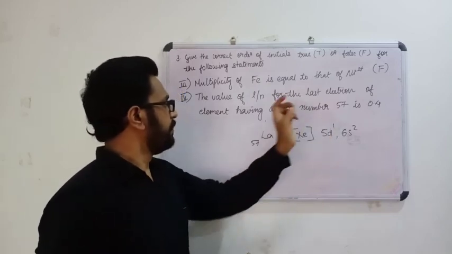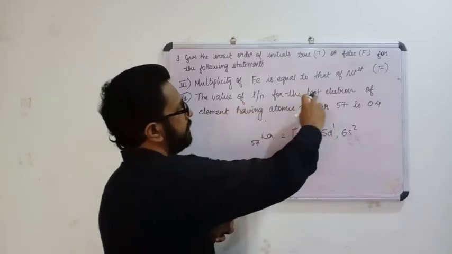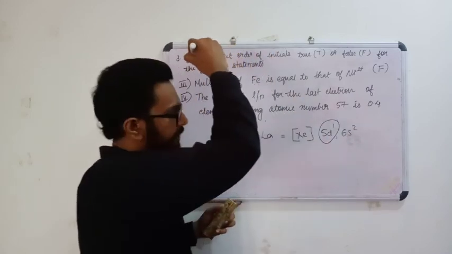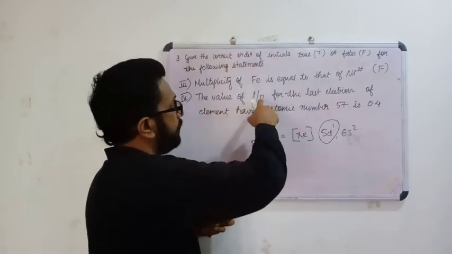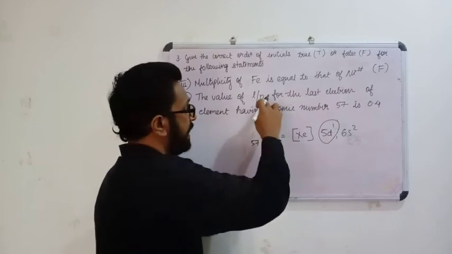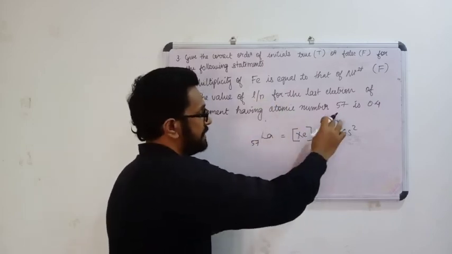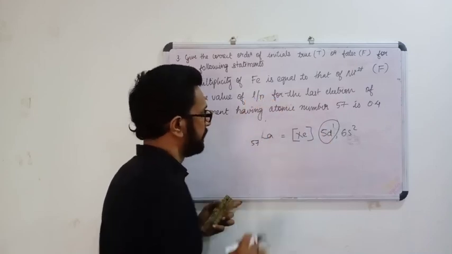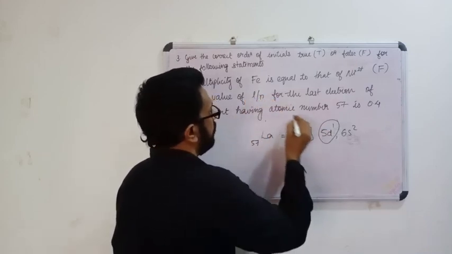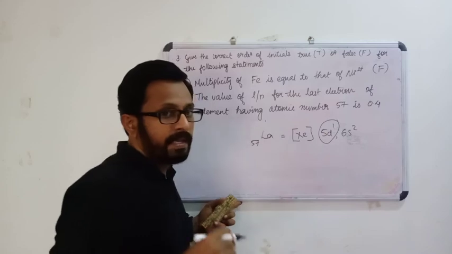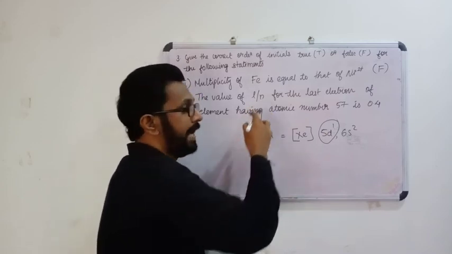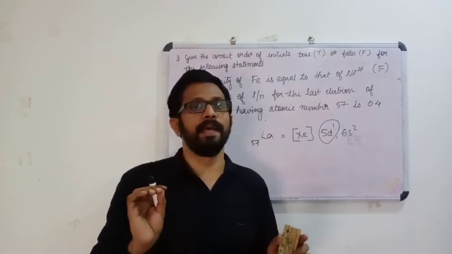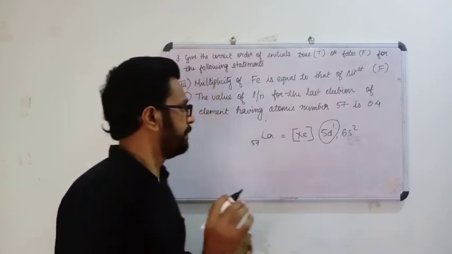Now we have to find out which is the last electron. So this is the last electron, 5d. We have to find the l by n value of this. l is nothing but the azimuthal quantum number and n is the principal quantum number.